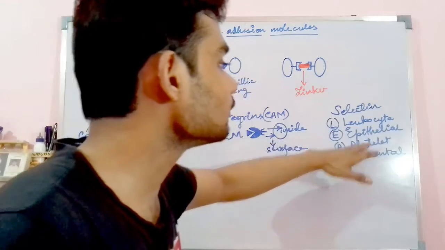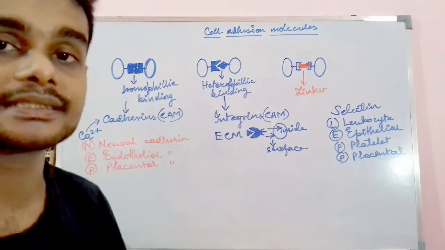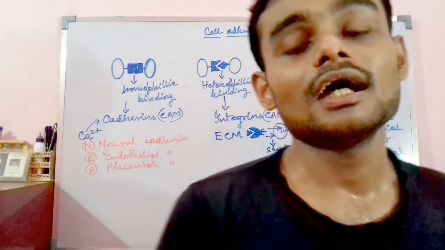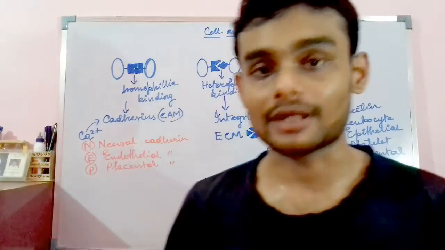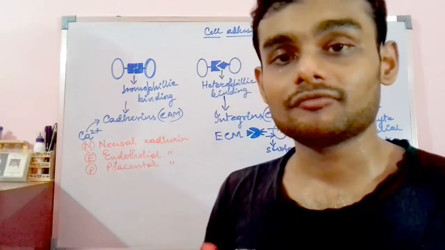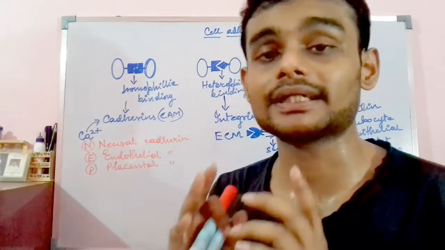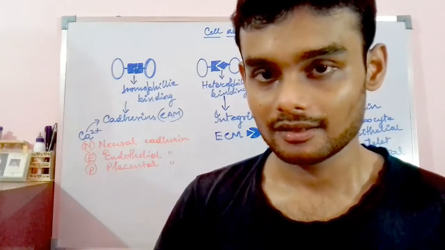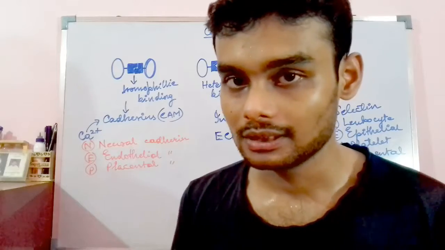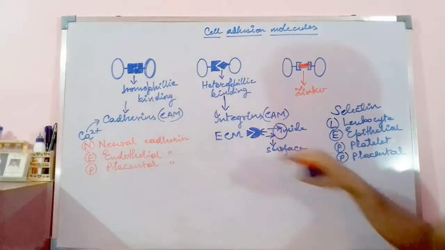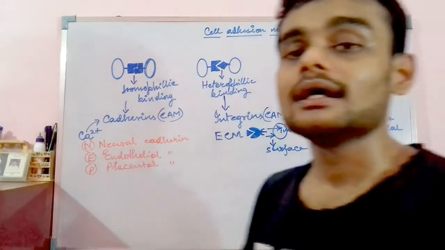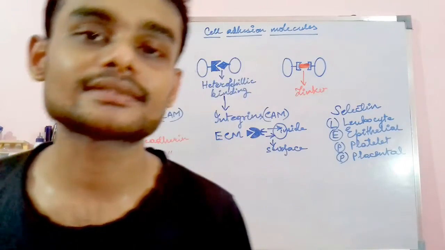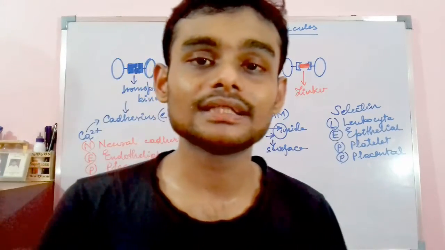And on the other hand, the leukocyte, epithelial and platelet selectins also help in functioning in the same way, as a molecule to convey a particular type of signaling message inside the cell from a particular external molecule. Okay, and the integrin molecules almost help in transferring any kind of external message within the cell.